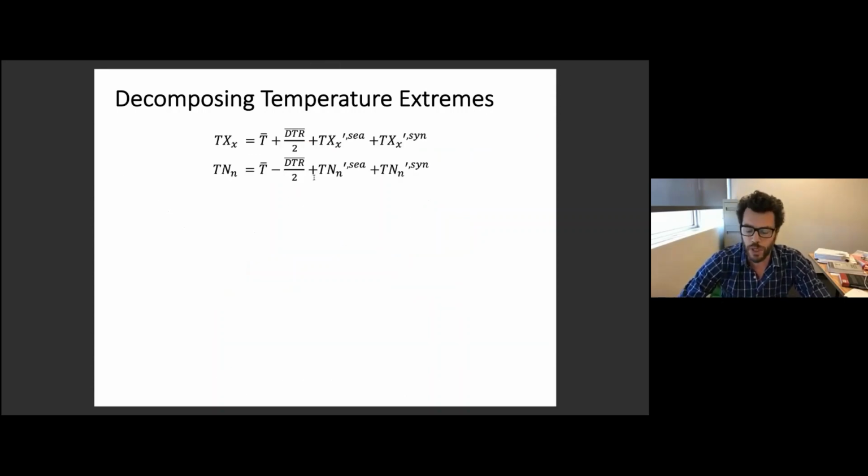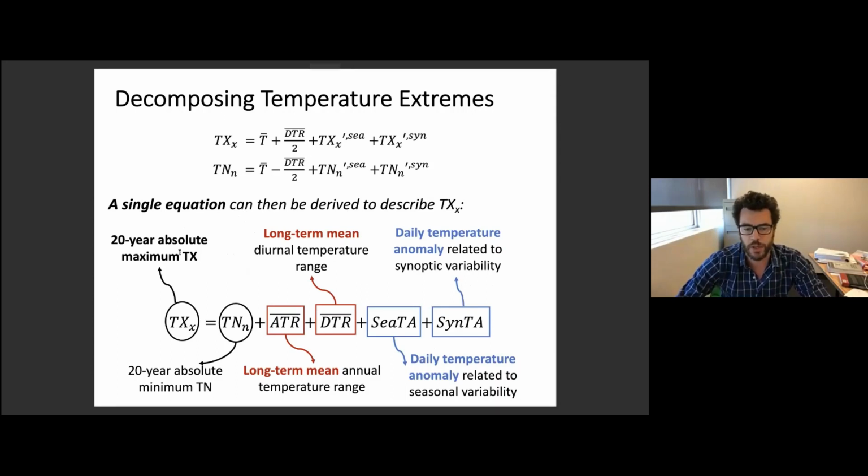And from these two equations, basically, we can derive one single equation for the 20-year absolute maximum that depends on the 20-year absolute minimum temperature, and four different terms that give us different parts of the whole variability between the coldest day that the model simulates, or that we observed in some observation, and the maximum temperature.